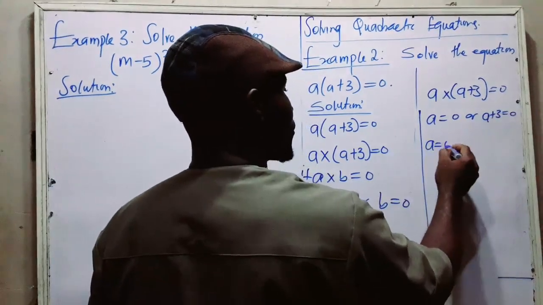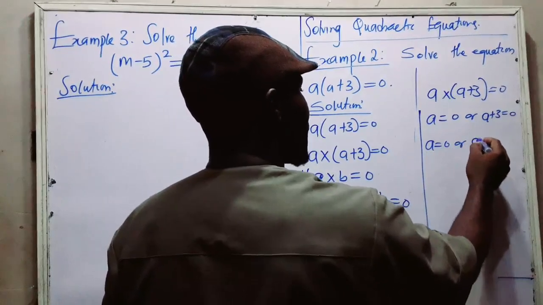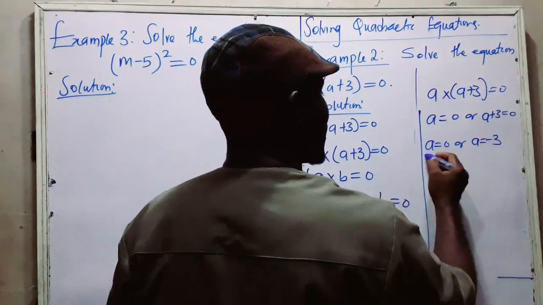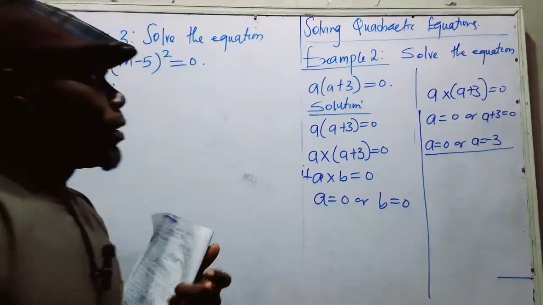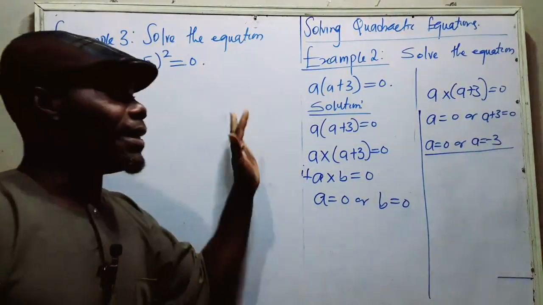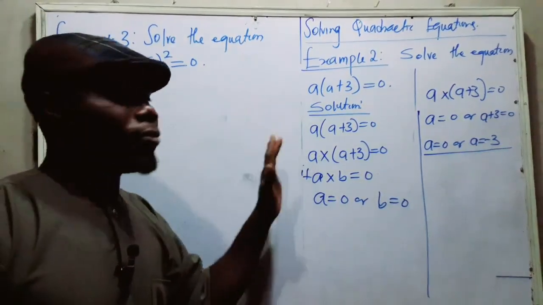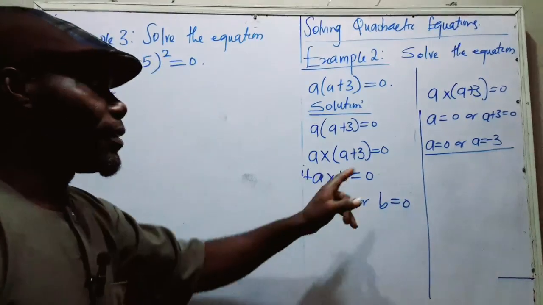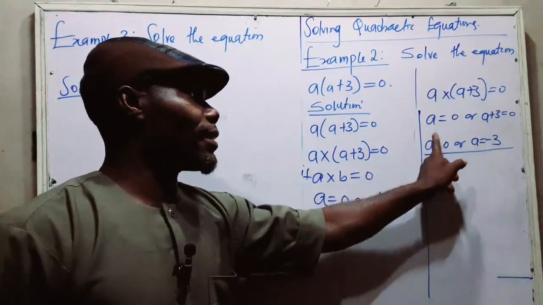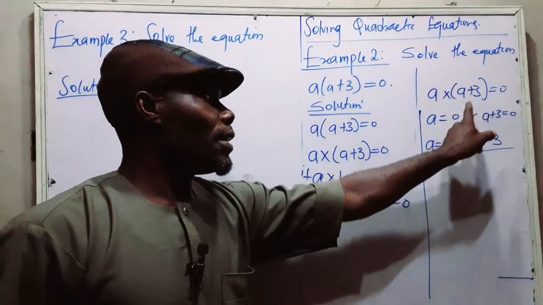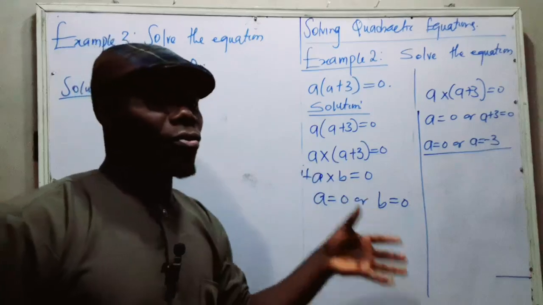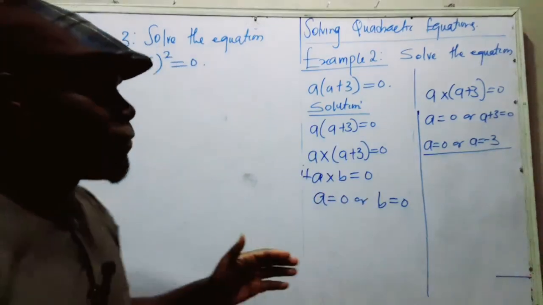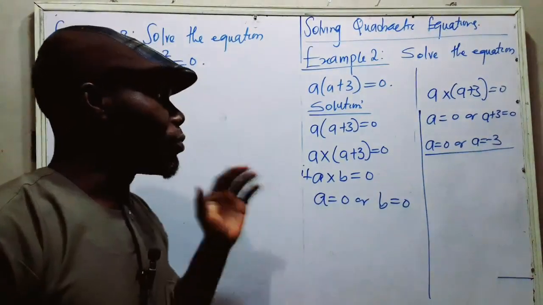So A is equal to 0 or A is equal to minus 3. When you see a question in this pattern, this is how you are going to solve it, according to the definition given to us for solving quadratic equations.